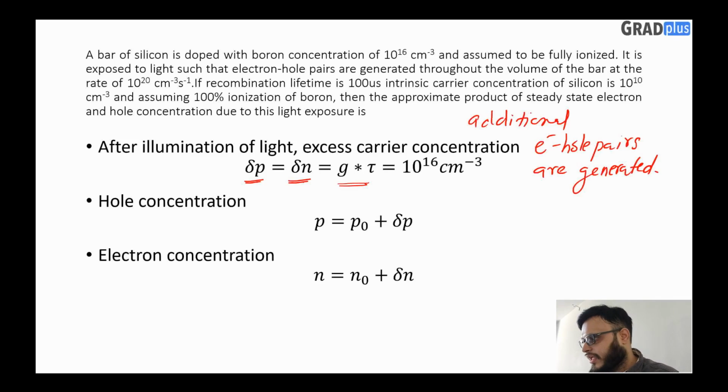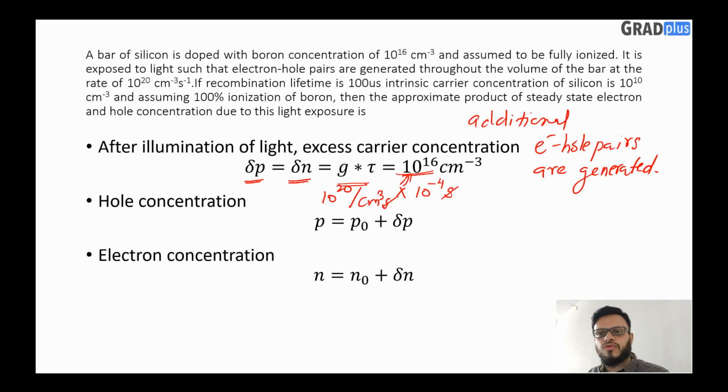We already have the value of G, provided in the question as 10 power 20 per centimeter cube second, multiplied by tau, which is given as 100 microsecond, but we have already reduced it to 100 into 10 power minus 6 seconds, that is 10 power minus 4 seconds. Seconds will get cancelled and finally we get our answer as 10 power 16 per centimeter cube.